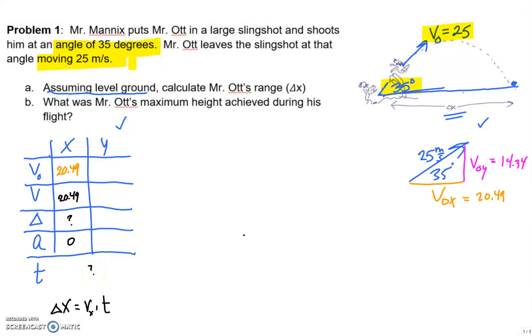Vertically, starting velocity we calculated was 14.34. And then the final velocity, in this case, because of its symmetry, it's going to be going the same speed, but in the opposite direction at the other side. The change in position from beginning to end, vertically it starts at the 0 level, it ends at the 0 level, so that's 0.